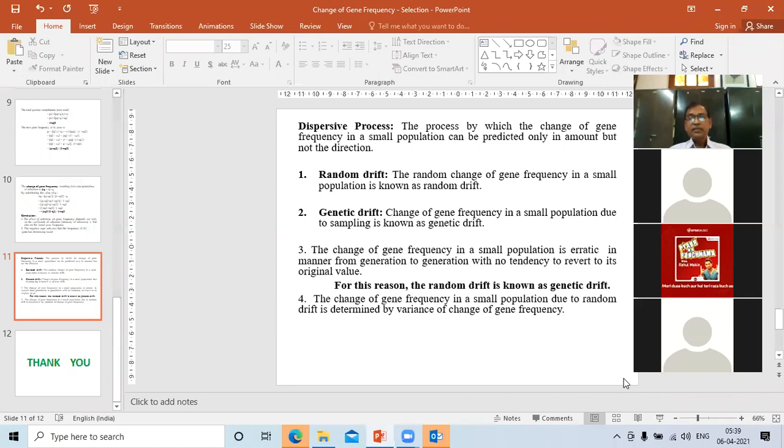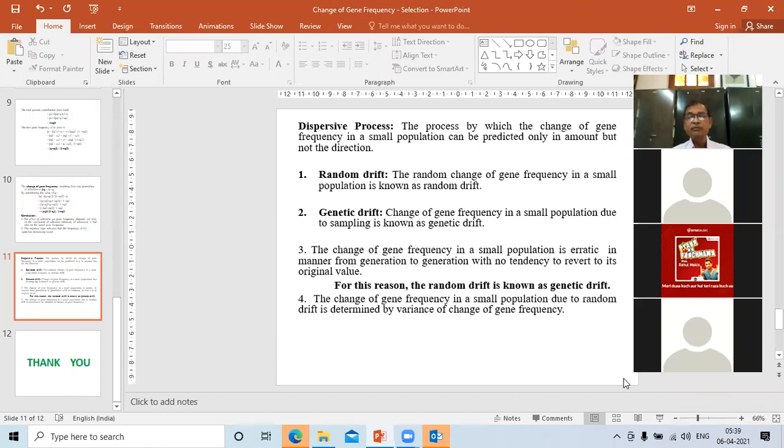Here it is different from the systematic process. In the case of the systematic process, we express it in terms of delta Q, that is, the change of gene frequency. But in a small population, we have to express it in terms of the variance of delta Q. That is, sigma square delta Q is equal to P0 Q0 by 2N.